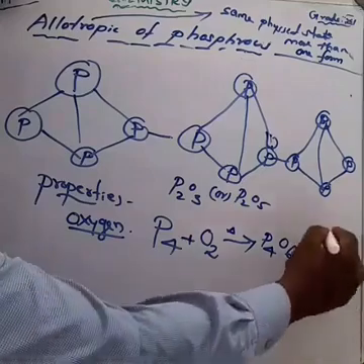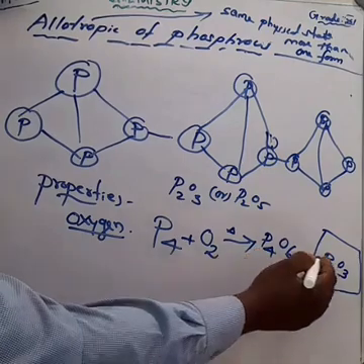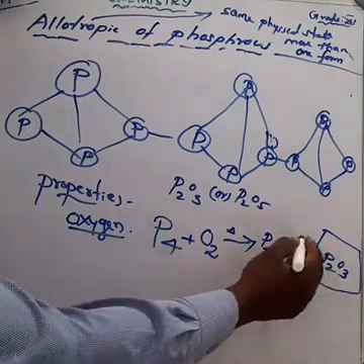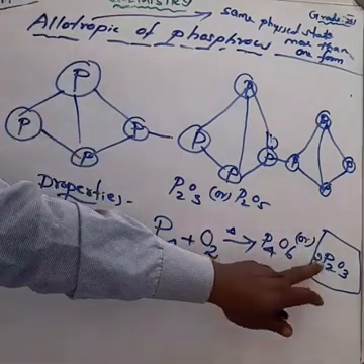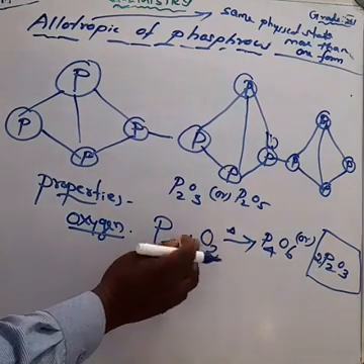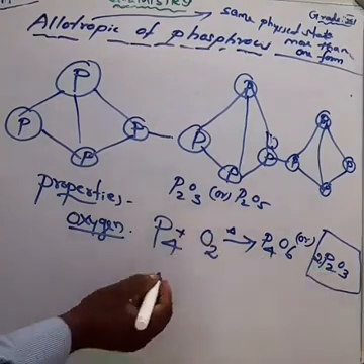The same formula is correct. Making it 2 here means it is balanced, and we can write it as 2P2O3.